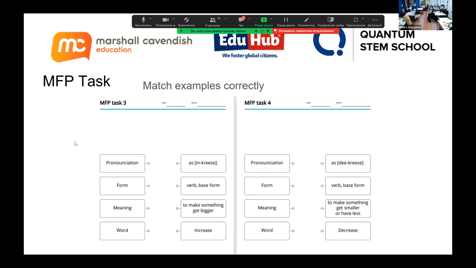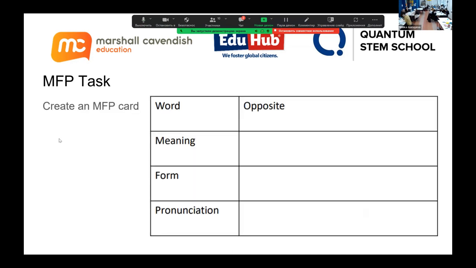Now I will not probably ask you to tell me what you have done, but there is another task. There are some words given. For example, I will give you the word opposite. The word is given. Try to create meaning, form, and pronunciation by yourself. Okay. I'm going to give you the new cards, so you can do it now.